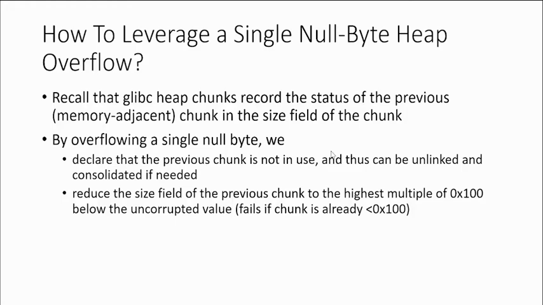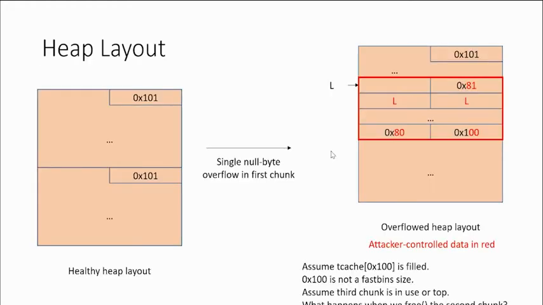But because we can only write a null byte, we can only change the size to be the highest multiple of 256 below the original value. And if we have a chunk that is, say, less than 0x100, say like hex F0, then this overflow will mess up the program because we cannot have a chunk that is 0 bytes in size.